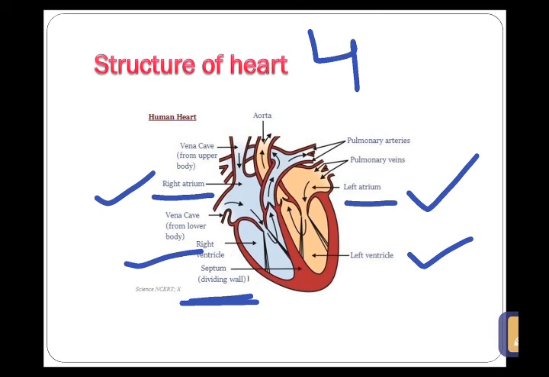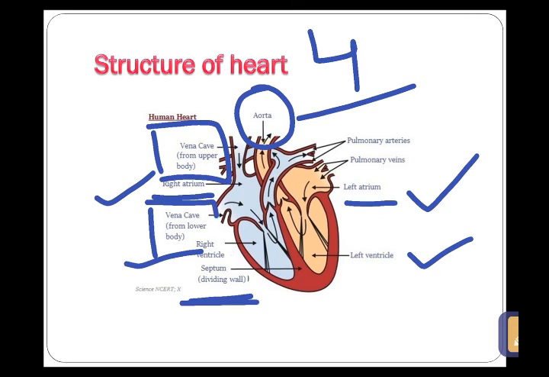Then comes the aorta, the biggest artery. As vena cavas were the larger veins, aorta is the biggest artery, and through this aorta purified blood goes to the body. These are pulmonary arteries and pulmonary veins.